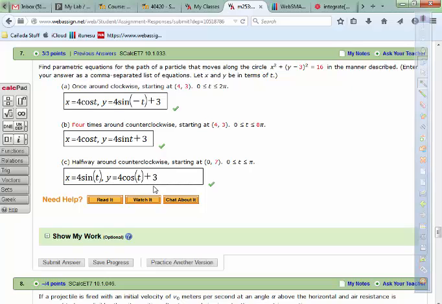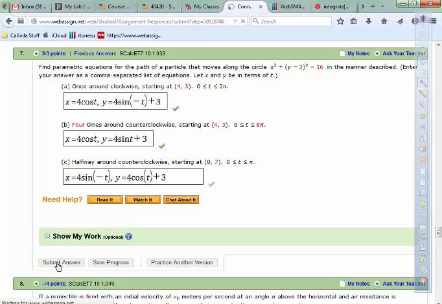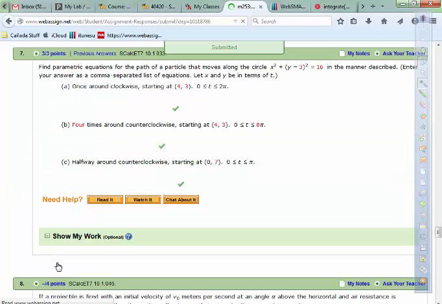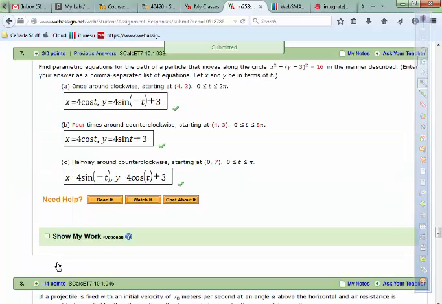So if we want it to stay in the same direction, we put a negative in front of the t with the sine, and it should still work out okay. So that still worked out okay.